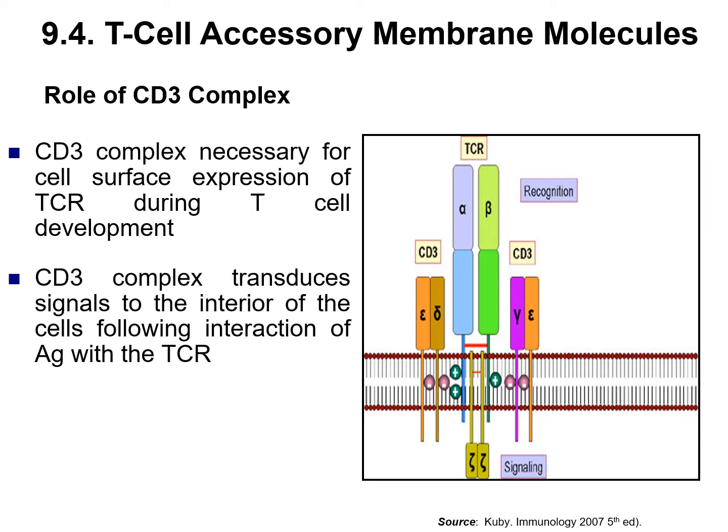When the CD3 complex is present, it shows up on the surface of the T cell, and it's very important for the development of T cells. They also produce signals to the interior of the cell that allow for interaction between the antigen and the TCR.